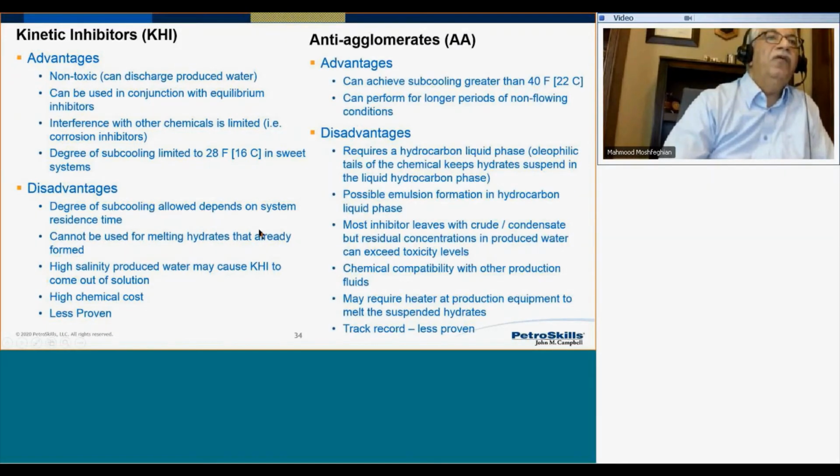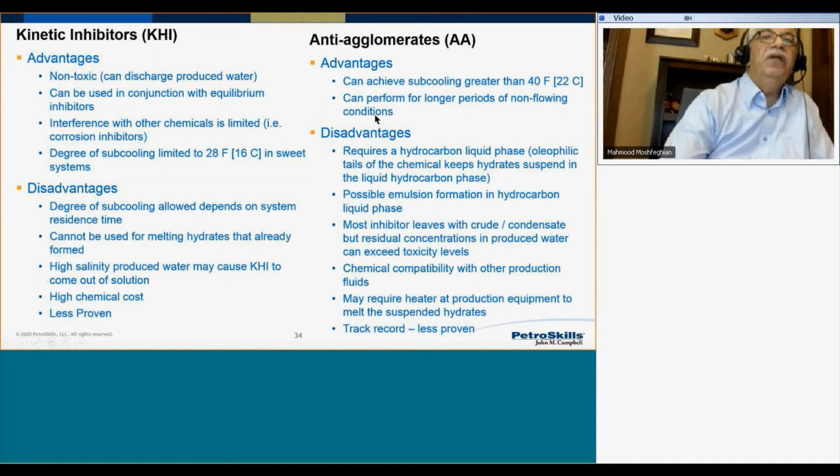Pros and cons of anti-agglomerate. The advantage: it can achieve subcooling greater than 40 degrees Fahrenheit. Remember, here it was only 28 degrees Fahrenheit, so a combination of these two may extend the subcooling range. It can perform for a longer period of non-flowing condition.